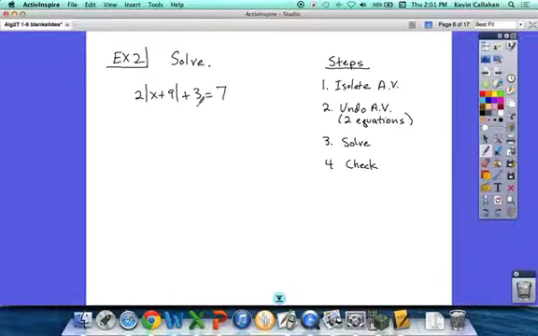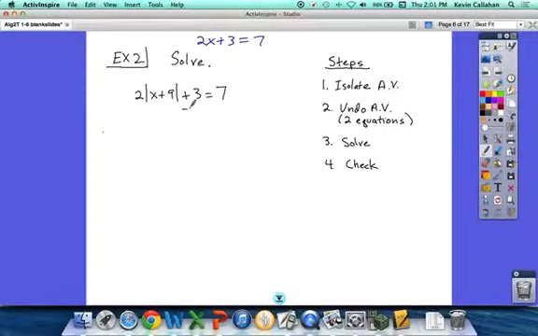No, you would never distribute. You cannot do operations with numbers inside and outside. Just think of it, if this was just a regular old algebra equation that said 2x plus 3 equals 7, then in order to isolate, you would subtract 3, divide by 2. That's exactly what you do.